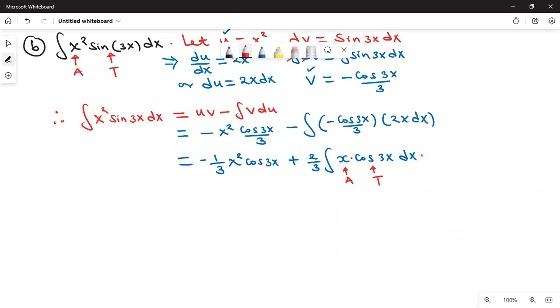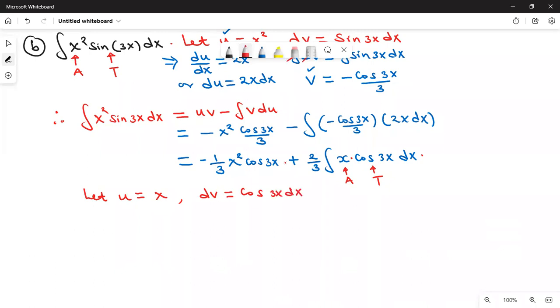So again, you make another substitution. Let me wrap that. So we wrap this one. Again, we are going to say let u be equal to x and dv be equal to cosine of 3x dx.